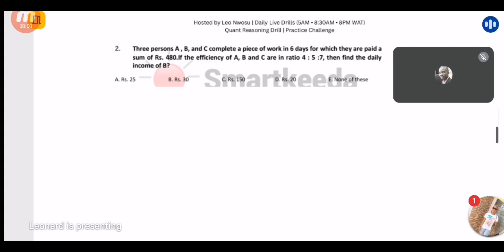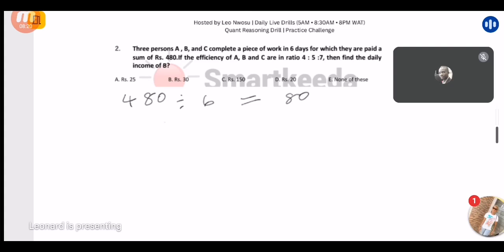That means daily, what they earn will be 480 divided by 6, which is 80.